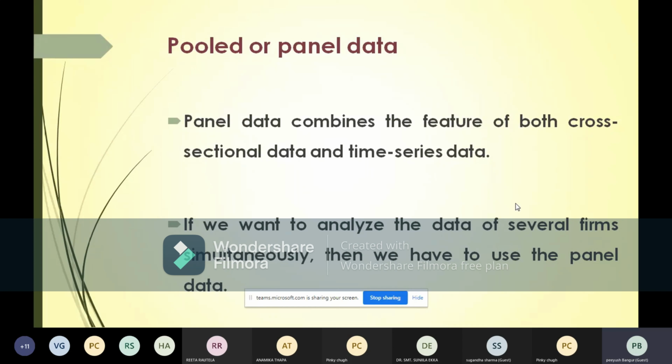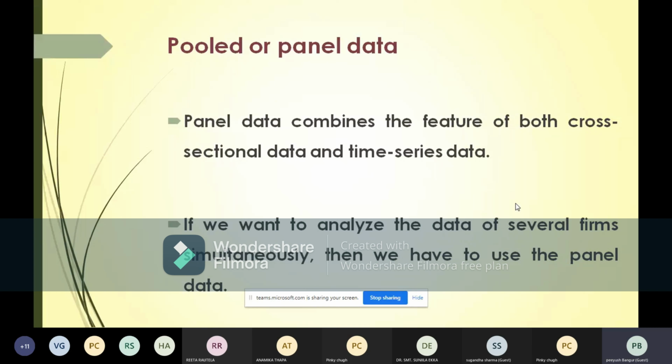If I move through time series data, I have to repeat the similar methodology up to 60 times. But if I use panel data, I can analyze 60 firms at a time in one analysis. This is the big difference between panel data and time series.